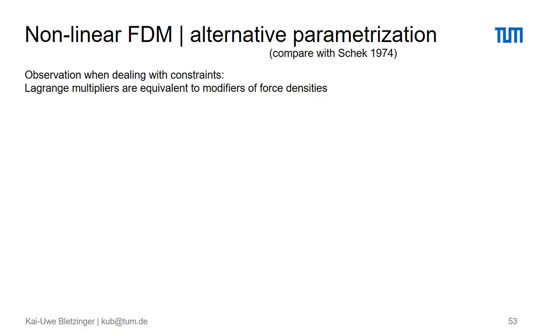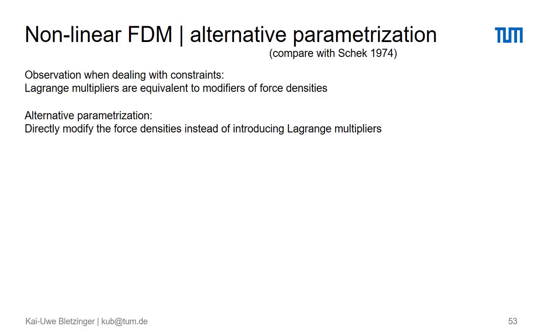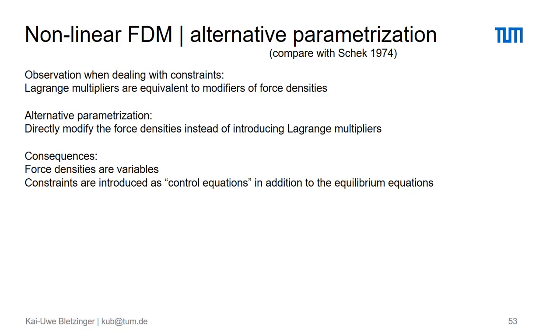When we deal with constraints, we had already observed, just refer to the chapter about length constraints, that Lagrange multipliers are equivalent to modifiers of the force density. And that's exactly the idea of an alternative parametrization, that we now directly modify the force densities instead of introducing Lagrange multipliers. There are certain consequences of doing that.